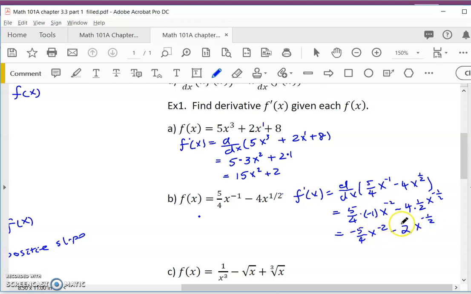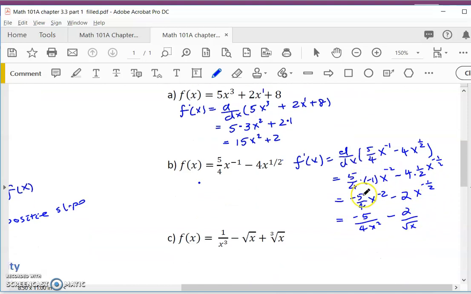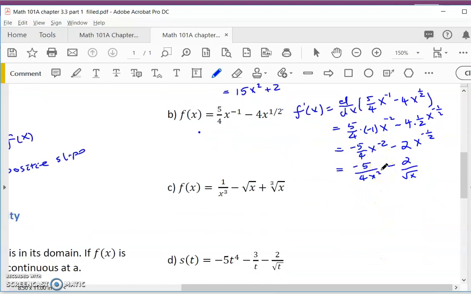Usually, we do not write a negative exponent in the answer, so we move it back, or if it is a 1/2, we write it back into a radical. So we'll have -5 over 4x squared, right? -2 means it's a reciprocal, so it goes in the denominator. Then -2 over the square root of x. -1/2 means it is a reciprocal, and 1/2 is a radical. So that's how you find the derivative using the basic differentiation rules.